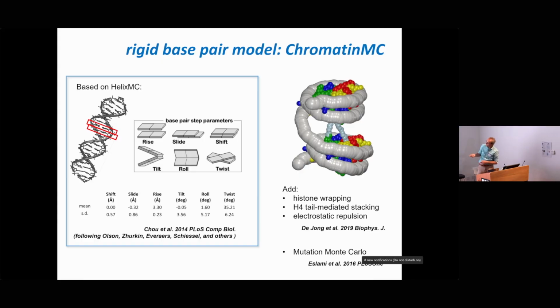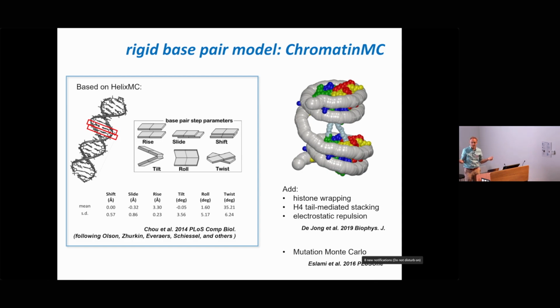And each transition from one base pair to another is characterized by 6 parameters, and they can be curated from structures of DNA, and their variation can be curated from molecular dynamics. And by just stacking these in, say, with a Monte Carlo simulation, you can fully reproduce a worm-like chain.